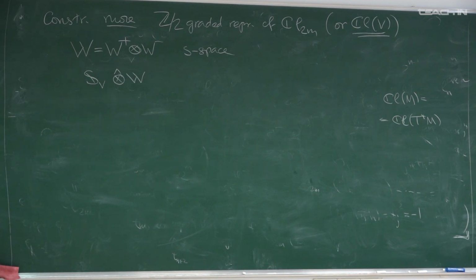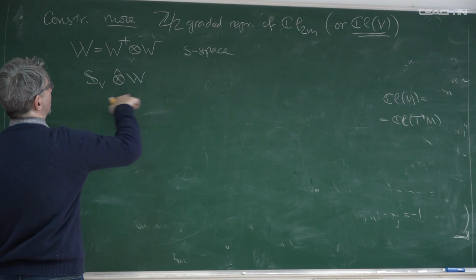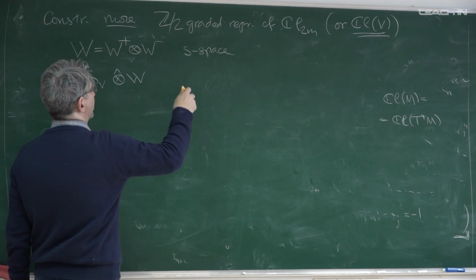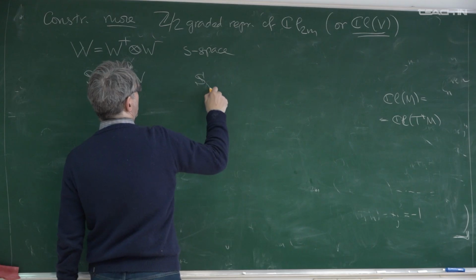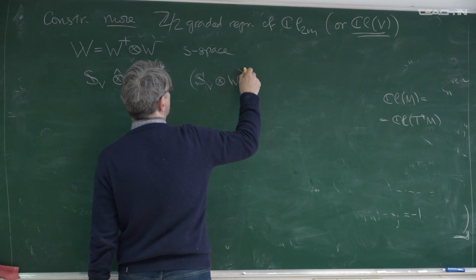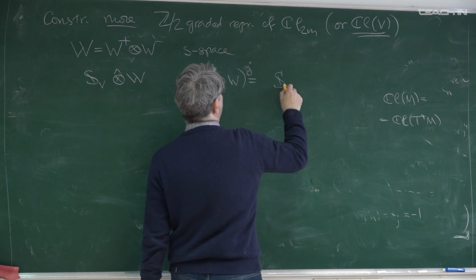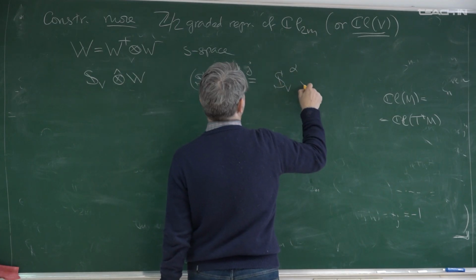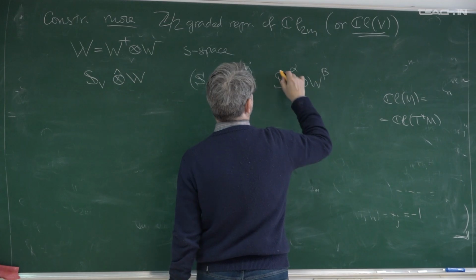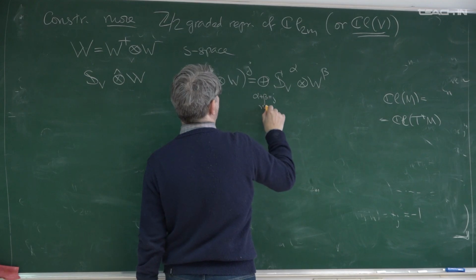The question is, how is this Z2 graded? The hat over the tensor product means that this is a Z2 graded space. I would write it in this way. The grading J is the sum of S alpha tensor W beta, where alpha plus beta is equal to J mod 2.